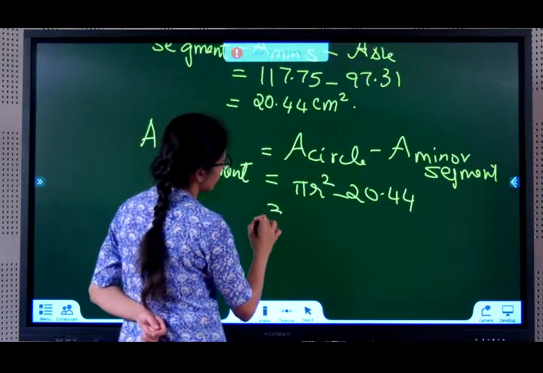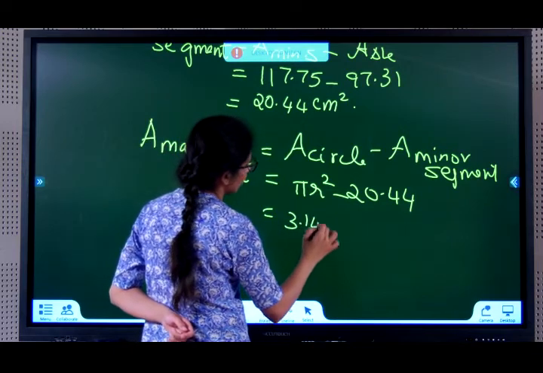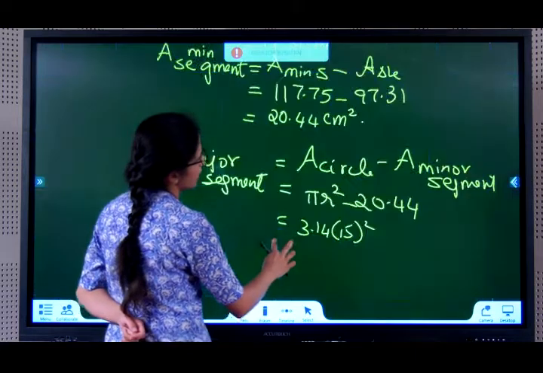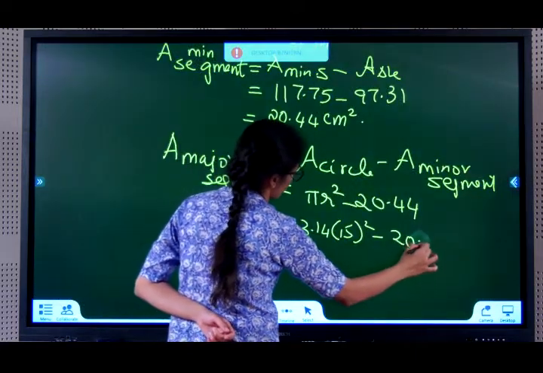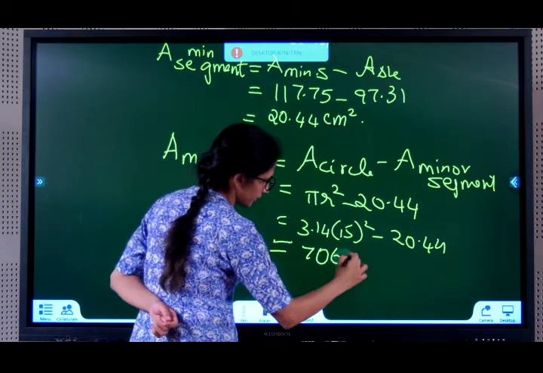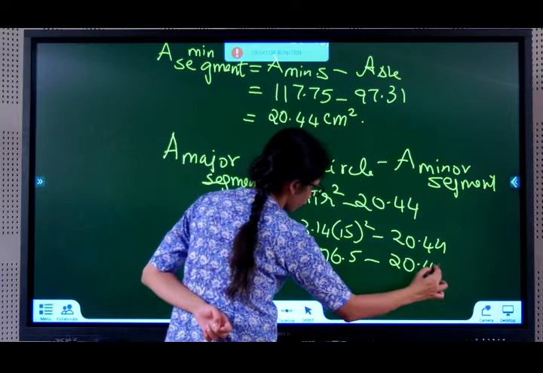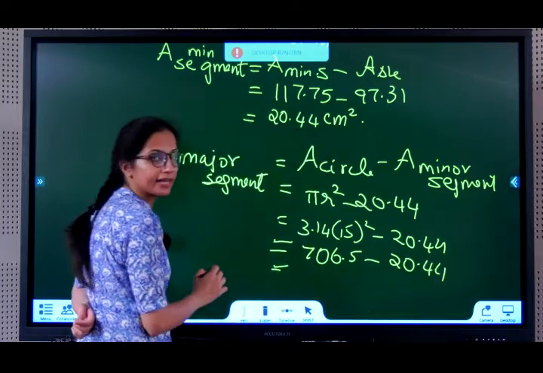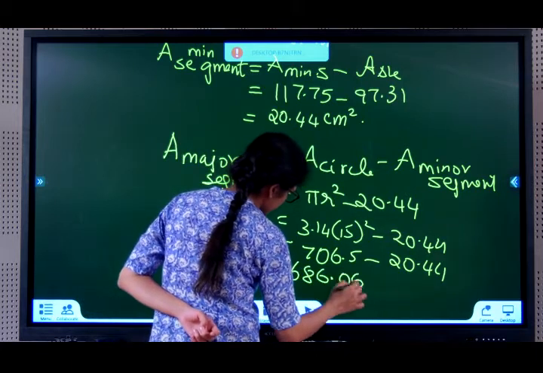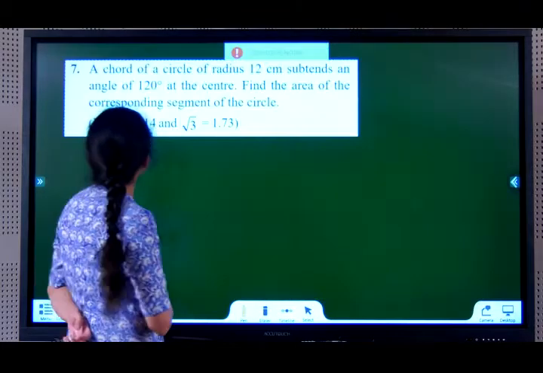Pi r square is 3.14 into the r, which is 15 square, minus 20.44. If you multiply, you will get 706.5 minus 20.44. On solving this, you get the area of the major segment to be 686.06 centimeter square.